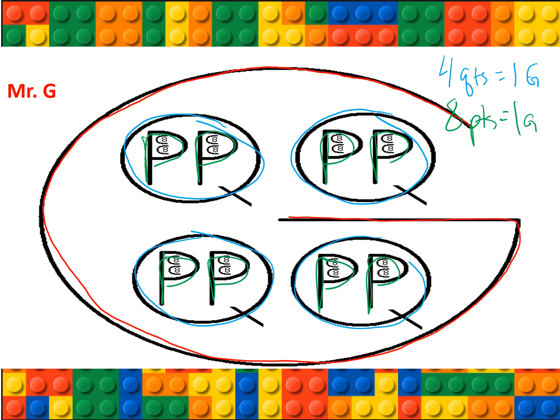And inside those pints, there are cups. 1, 2, 3, 4, 5, 6, 7, 8, 9, 10, 11, 12, 13, 14, 15, 16. 16 cups equals 1 gallon. And inside those cups, there are these magnificent ounces, 8 in each cup.